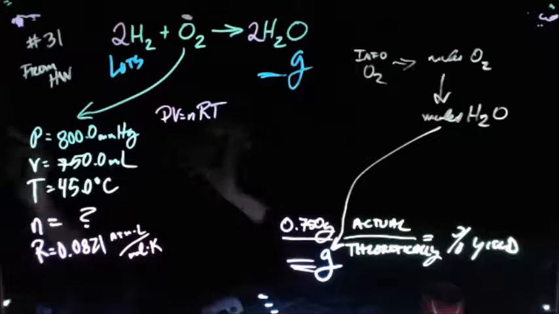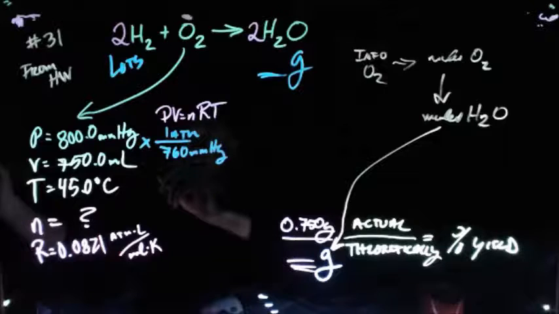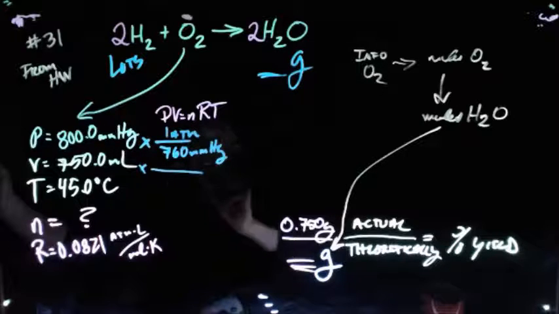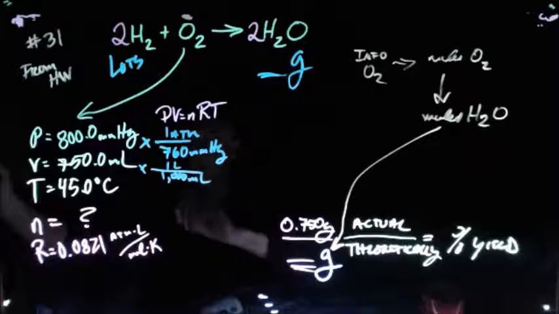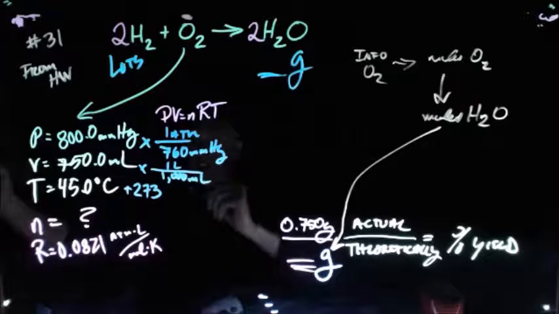For pressure, it's times 1 atm for every 760 millimeters of mercury. For volume, it's times 1 liter for every 1,000 milliliters, and for temperature we add 273.